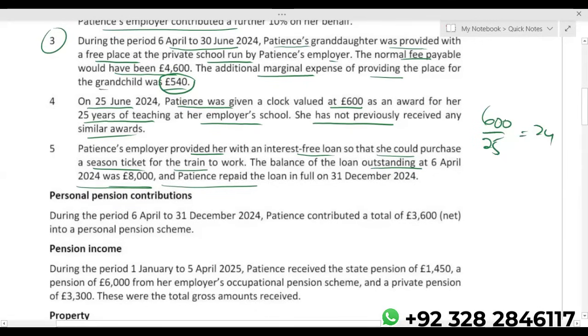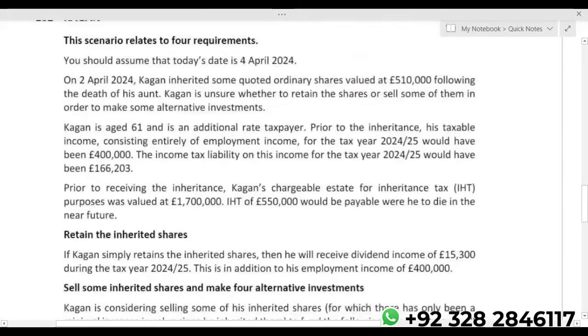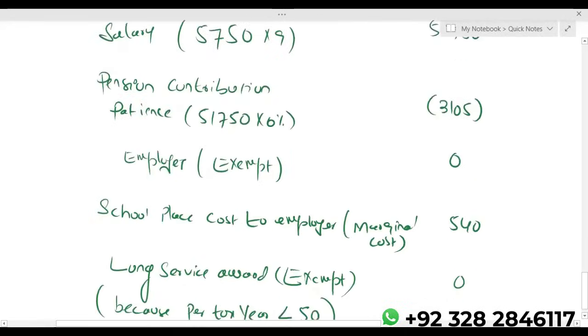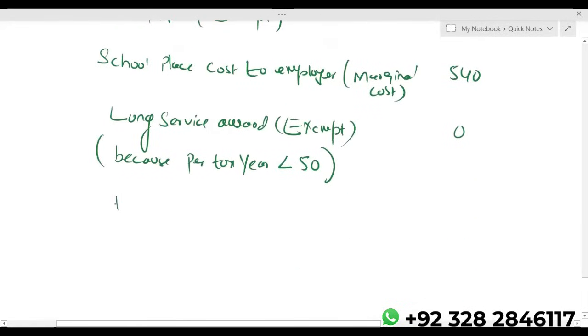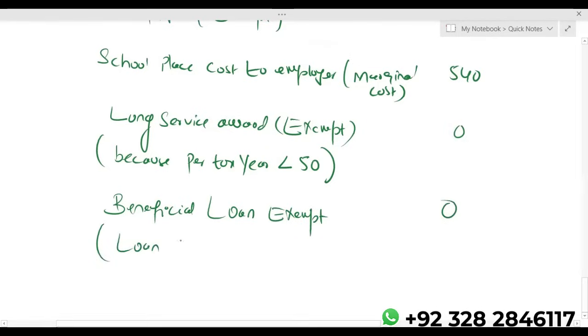If the beneficial loan is not exceeding 10,000, it is an exempt benefit. So the beneficial loan benefit becomes 0. Loan is less than £10,000, so it becomes the exempt benefit.